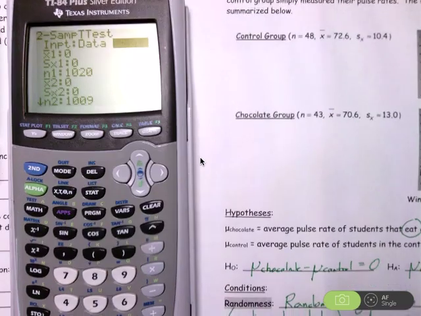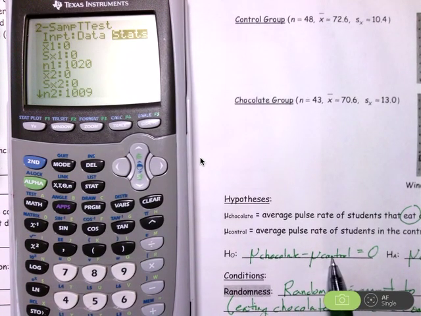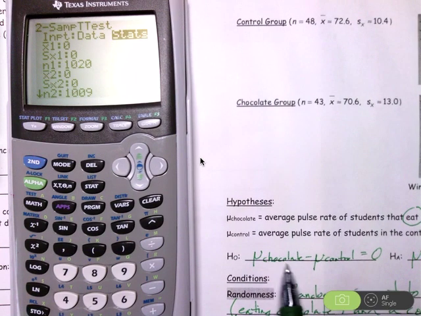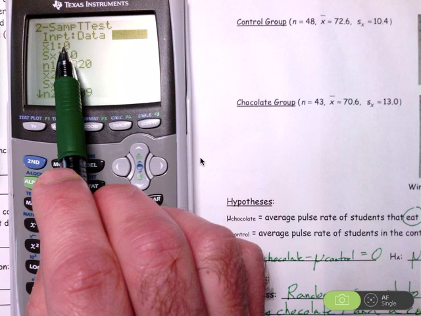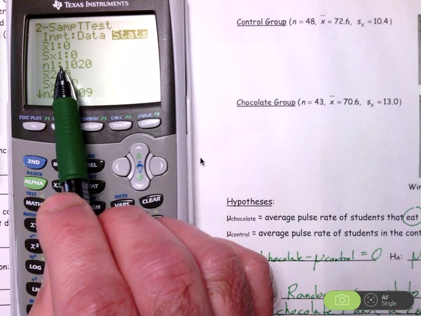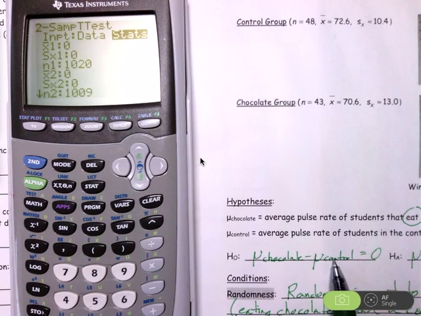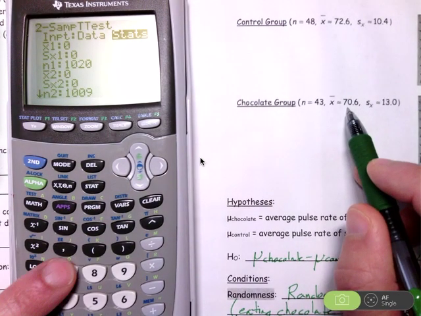Important: when I wrote my hypotheses, I wrote the chocolate group minus the control group. So the data from the chocolate group has to go in as x1, standard deviation for 1, and sample size for group number 1. The control group would be the second group. For the chocolate group, their mean was 70.6.